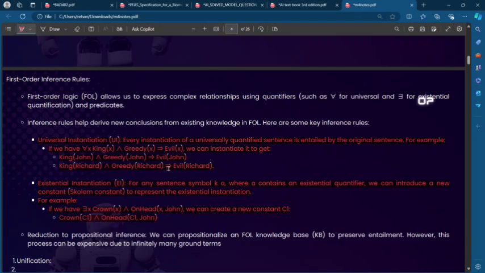Every instance of a universally quantified sentence is entailed by the original sentence. From examples you will understand.